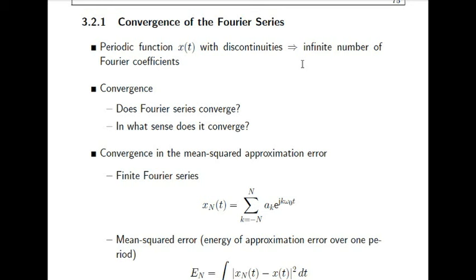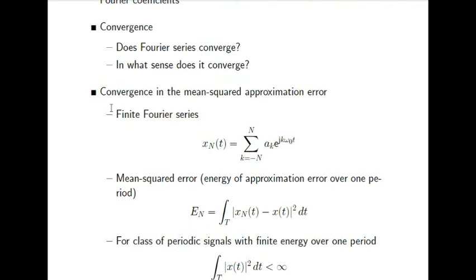Till now we have learned about the infinite Fourier series. Now let's see the Fourier series in a finite manner. The finite Fourier series is represented in this way: x_N(t) equals the summation from k equals minus N to N of a_k e to the power j k omega naught t. This convergence is the mean squared approximation error convergence.